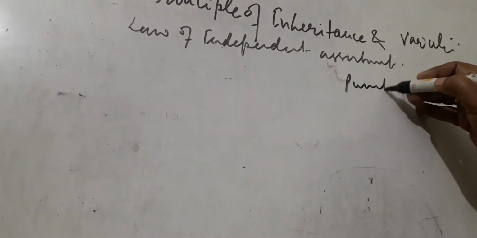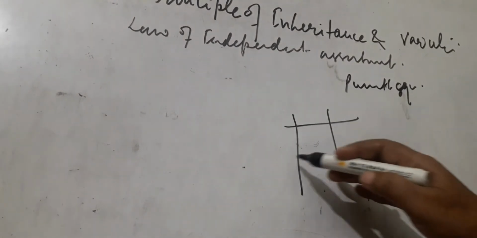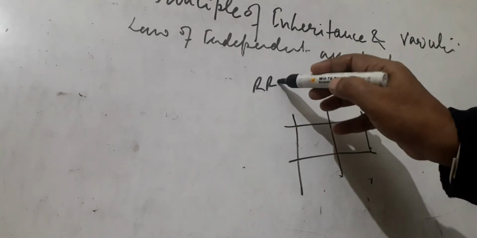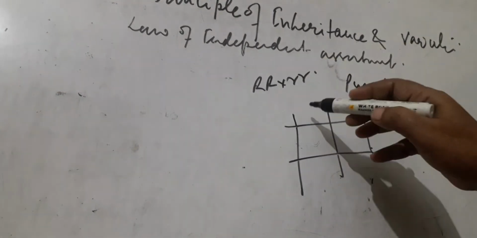First is crossing techniques. There are two types of cross. Punnett square. You know that we have to make this type of square. This is red and white. We have to cross.